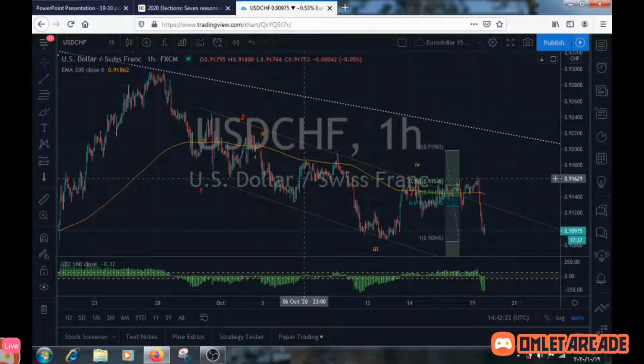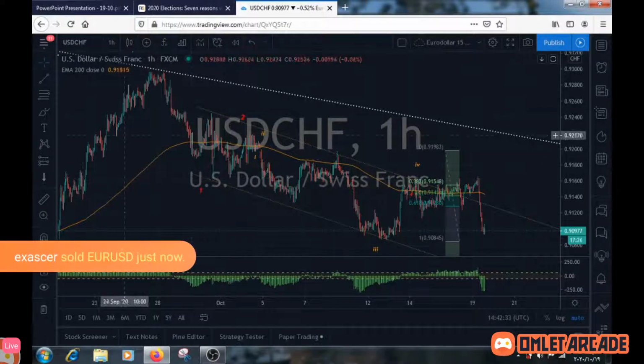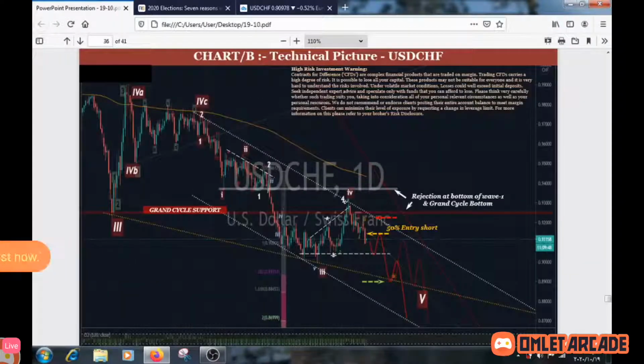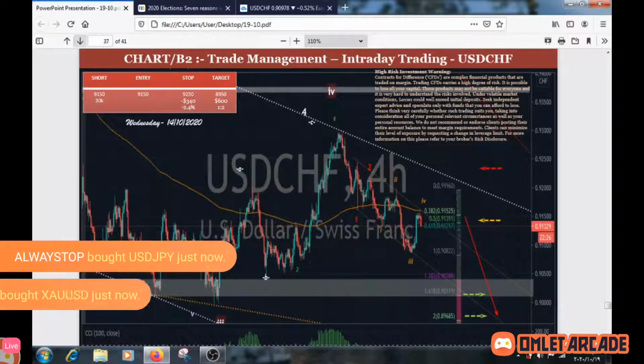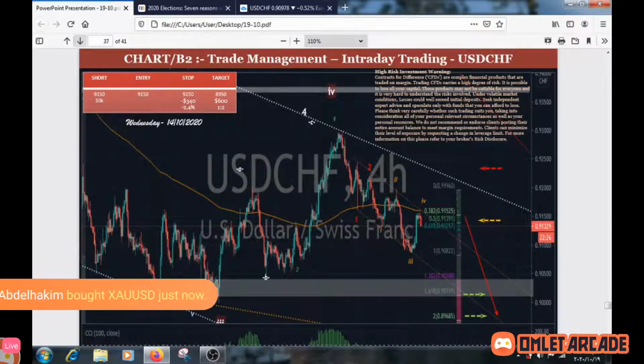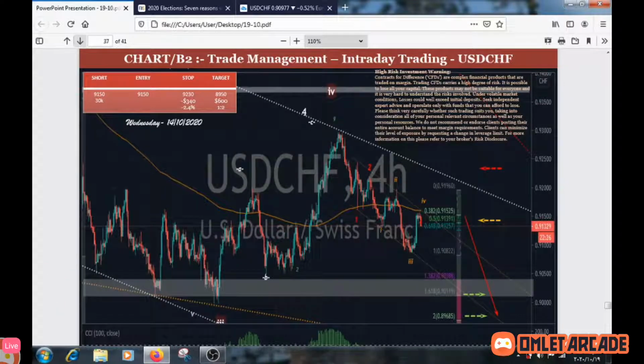So we're actually short that issue and we bounced exactly at the bottom of 1 as anticipated. So there's 1 here and that's the bounce here. That's it right about here. We were going to short 91.50. I hope you did short that.